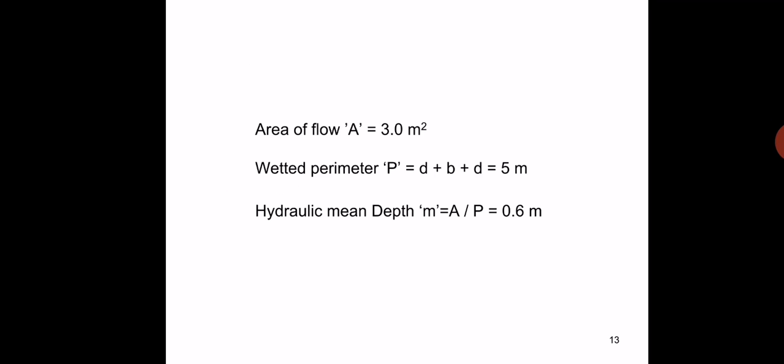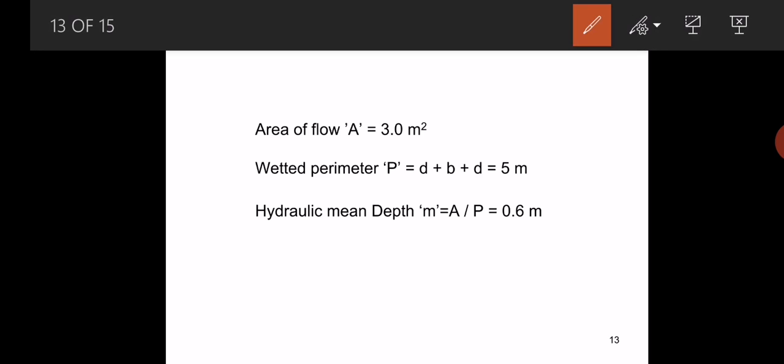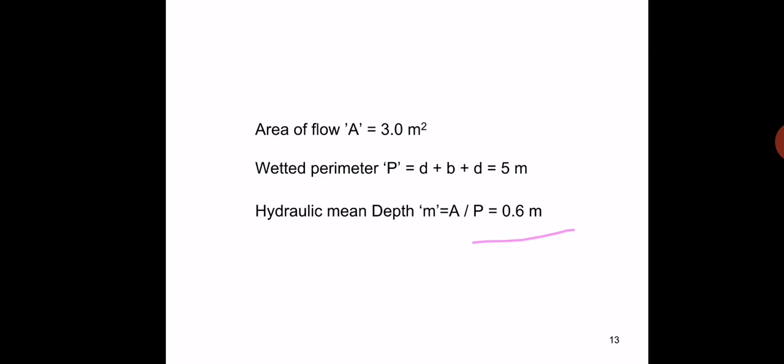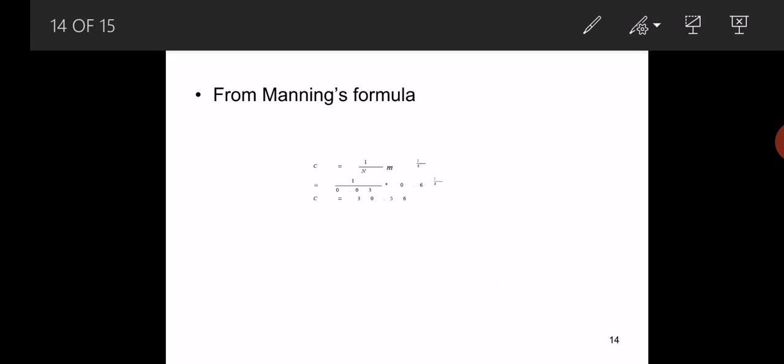According to Manning's formula, first we have to calculate the area, 3 meter square, and wetted perimeter, 5 meter, and hydraulic mean depth, which is the ratio of A by P. Here we will get 0.6 meters. So according to Manning's formula, C is equal to 1 by n into m whole power 1 by 6.